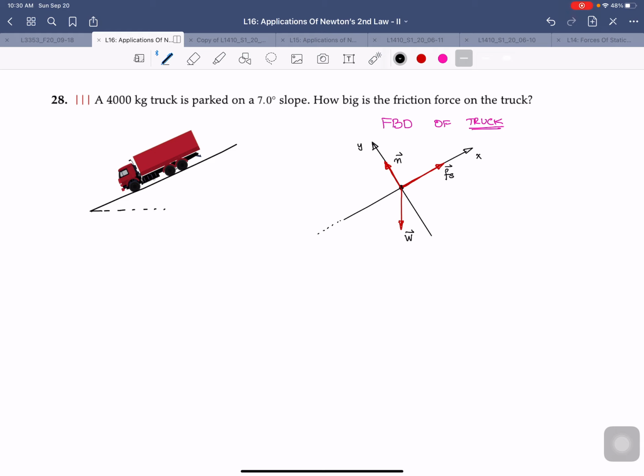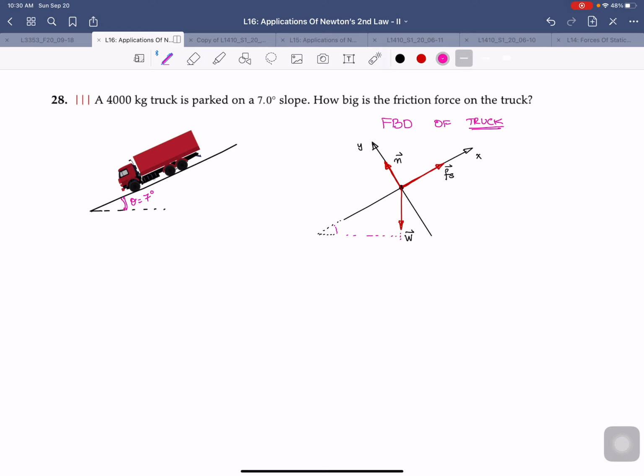Now, notice the weight acts at an angle. It is not along the x-axis or the y-axis, so you've got to specify the angle that it makes with one of these axes. The easiest way to work this out is that they give you the angle of the incline, a 7-degree slope, which means this angle right here, let's call that angle theta, is 7 degrees. Coming back here, notice the weight goes straight down.